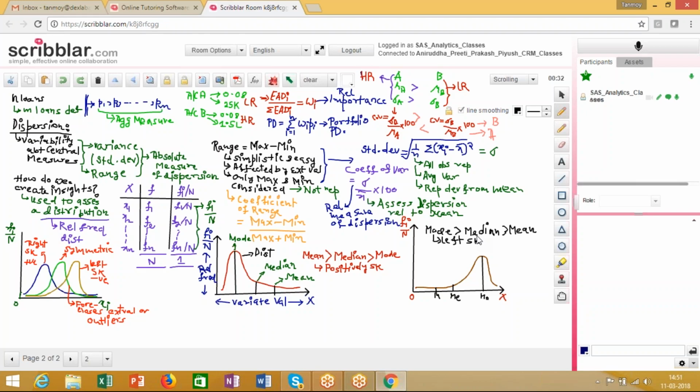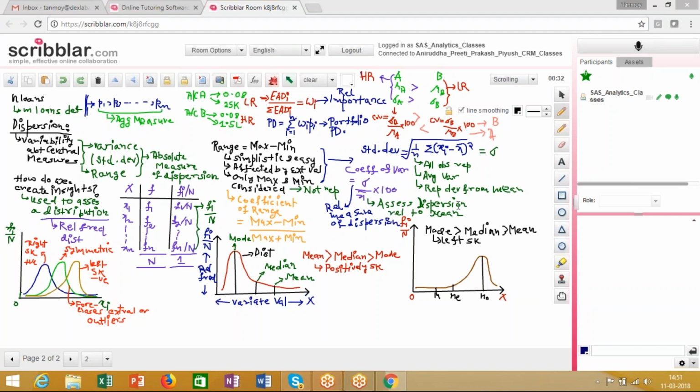For a negatively skewed distribution, we'll see that the mode is greater than the median, greater than the mean. So at the crux, if the distribution is skewed, the mean, median, and mode are very different from each other.